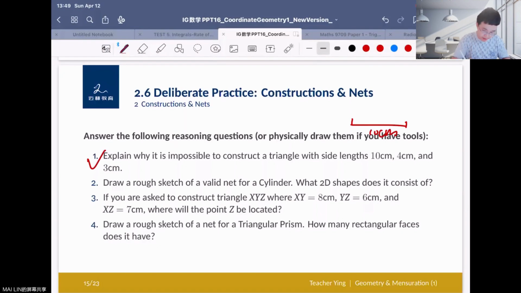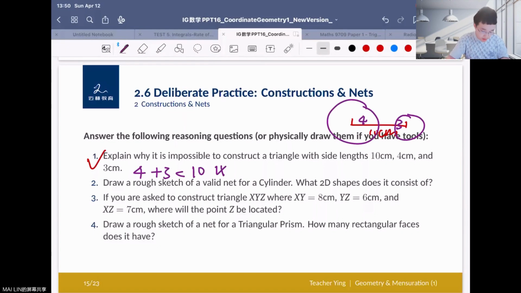You'll find there is no intersection between the two circles, so there is no point that satisfies both 4 and 3. Also, by the basic principle of triangles, the sum of two sides must be bigger than the third side. Here 4 plus 3 is 7, smaller than 10, so you cannot build a triangle.